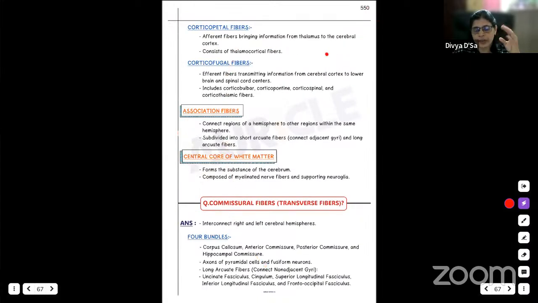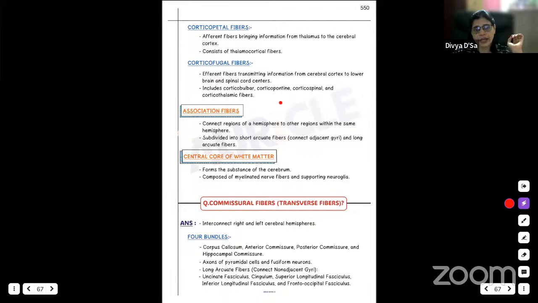Afferent fibers bring information from the thalamus to the cerebral cortex, so basically they are the thalamocortical fibers. Whereas corticofugal fibers are the efferent fibers. From the cerebral cortex, they take the information to the thalamus or to the brainstem and spinal cord centers. Corticobulbar is from the cerebral cortex to the medulla. Corticopontine is to the pontine nuclei in the pons.